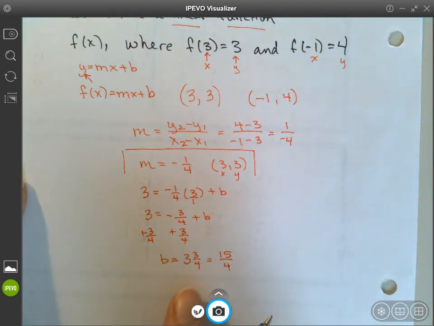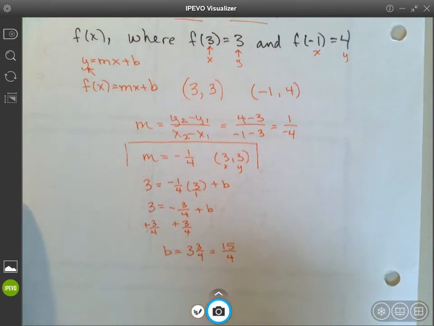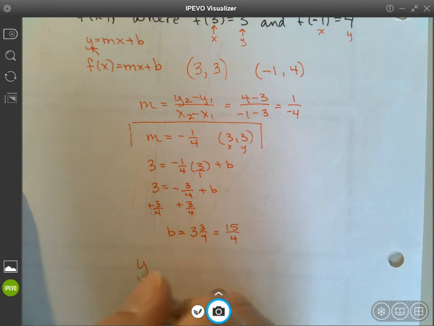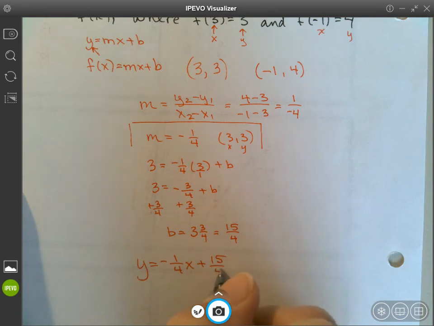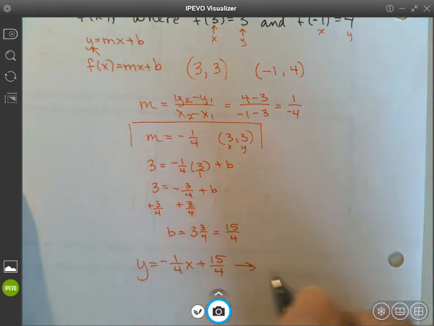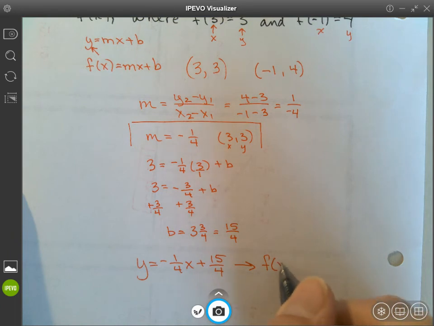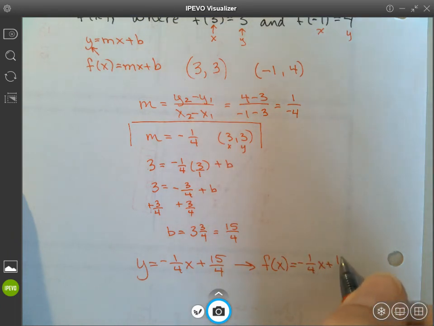I don't care what form your y-intercept is in. You might have it as 3.75. But I do care that your slope is a fraction. So what is my equation? y equals negative 1/4 x plus 15/4. But they asked you to put it as a function, so instead of saying y equals, we would say f of x equals negative 1/4 x plus 15/4.